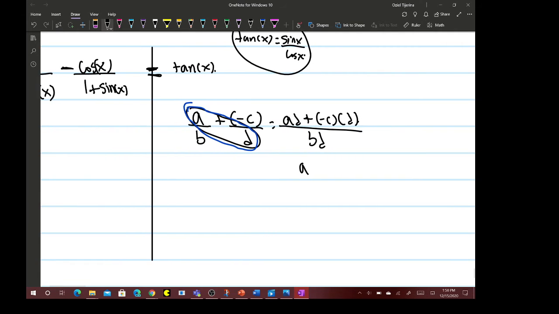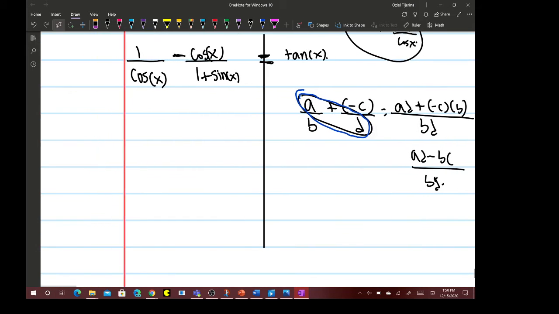Okay, so it would be ad minus, sorry, it would be negative c times b, minus bc over bd. Okay, so that's what you would do with this.